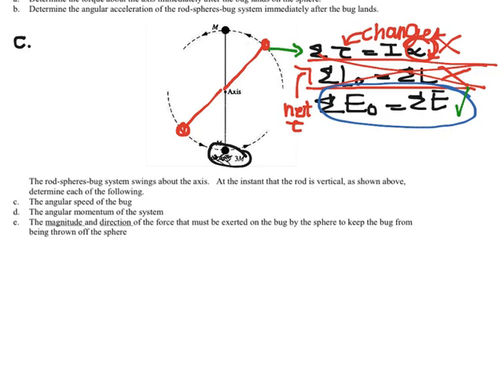Okay, so let's take a second, and I'm going to draw the initial picture again over here. I have the bug, which has a mass of 3m, and we have our other masses. So we have 3m, m, and m. Okay, all of the masses are a distance L from the center point.